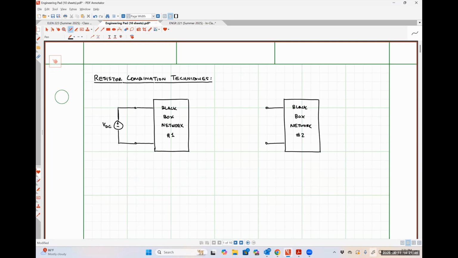And when we excite black box network number 1 with that voltage source, we can measure the voltage drop that appears across the terminals of the network, as well as the current that's flowing into the network. Let me call this V1 and I1, okay?